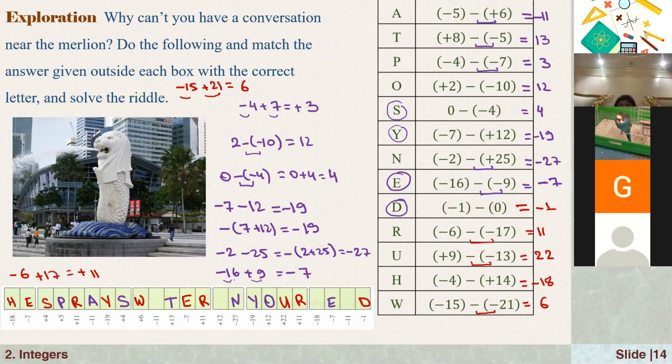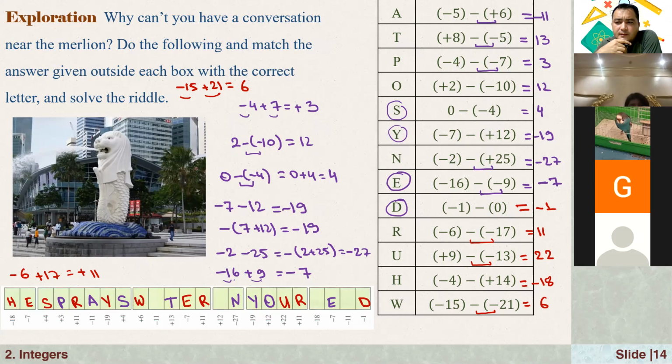I understood the word. It means he sprays water on your head. Yes, I already found the word.